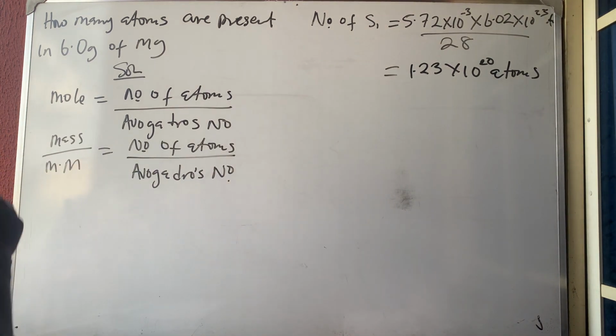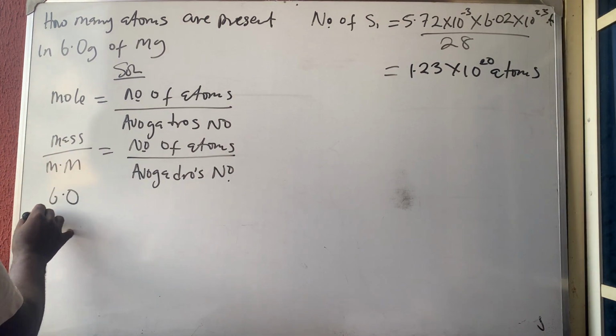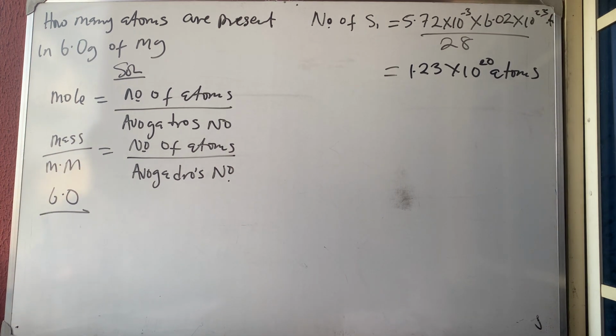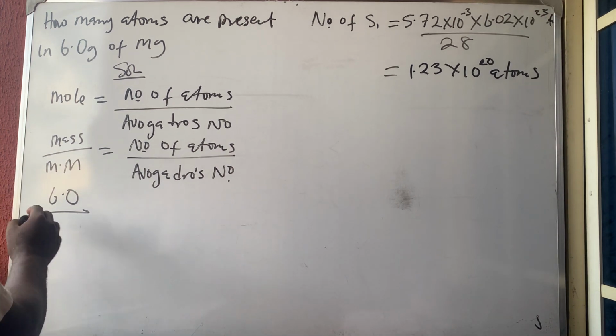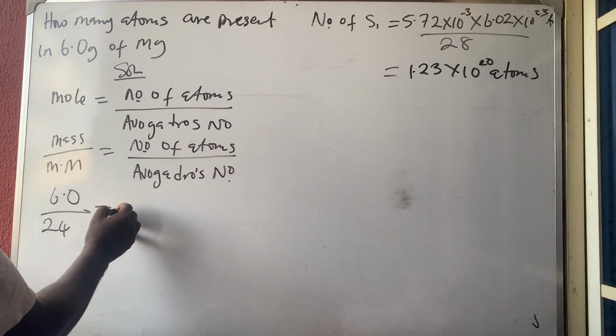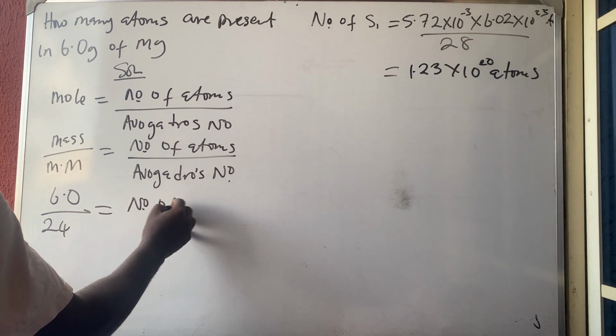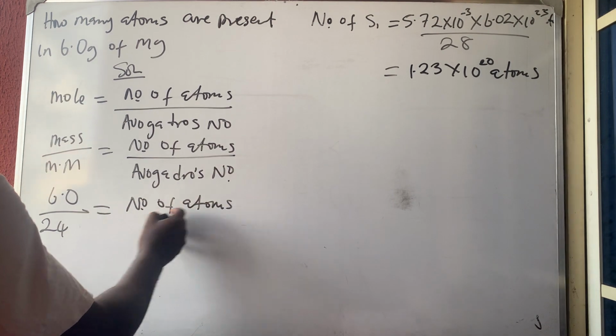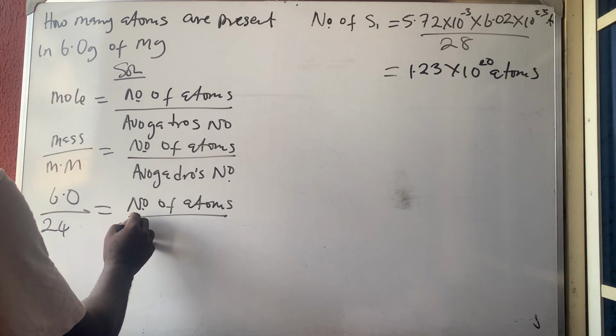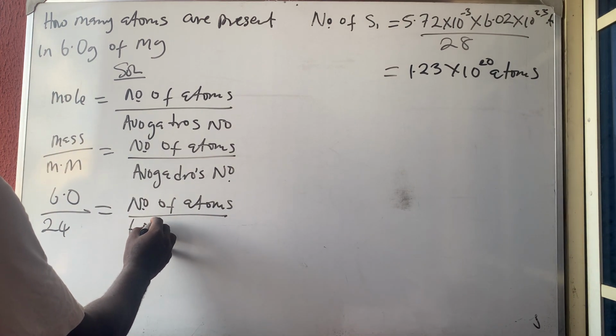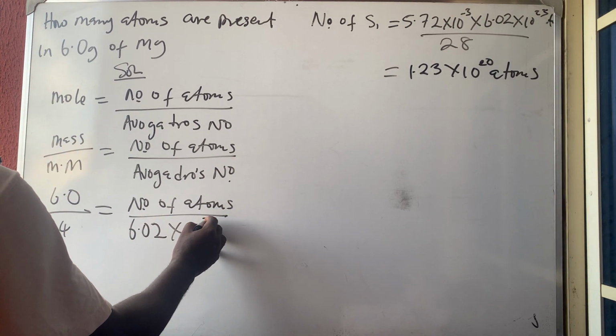Let us put everything. The mass is 6.0 divided by the molar mass of magnesium, which is 24, equal to the number of atoms in that magnesium that I'm looking for over Avogadro's number, 6.02 times 10 raised to power 23.